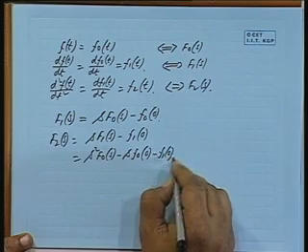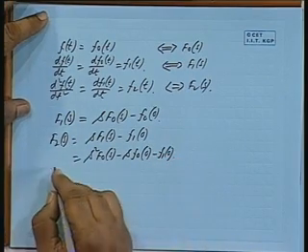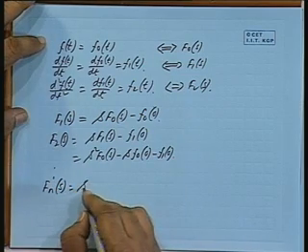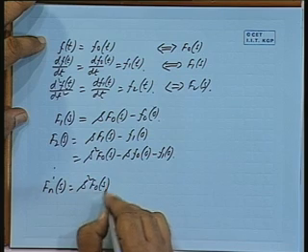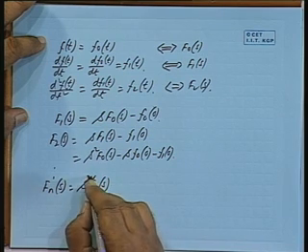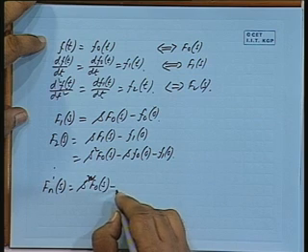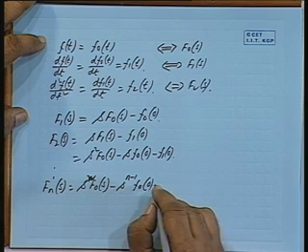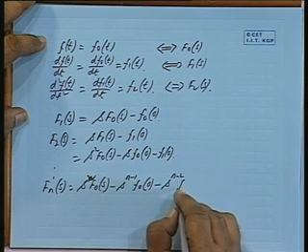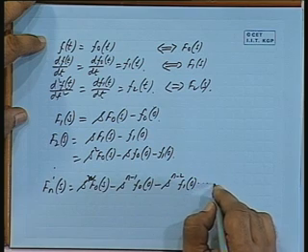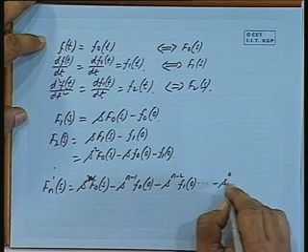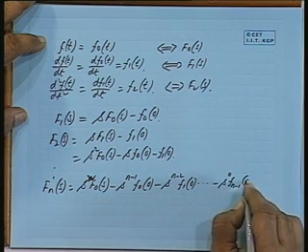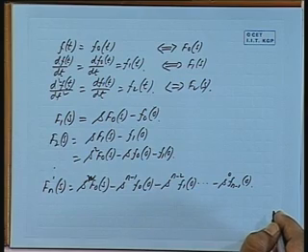That means, if I take the nth derivative, its Laplace transform will be in terms of the original Laplace transform: s to the power n F0(s), minus s to the power n minus 1 f0(0), minus s to the power n minus 2 f1(0), and so on, minus s to the power 0 times f(n minus 1)(0) when I am calculating fn.